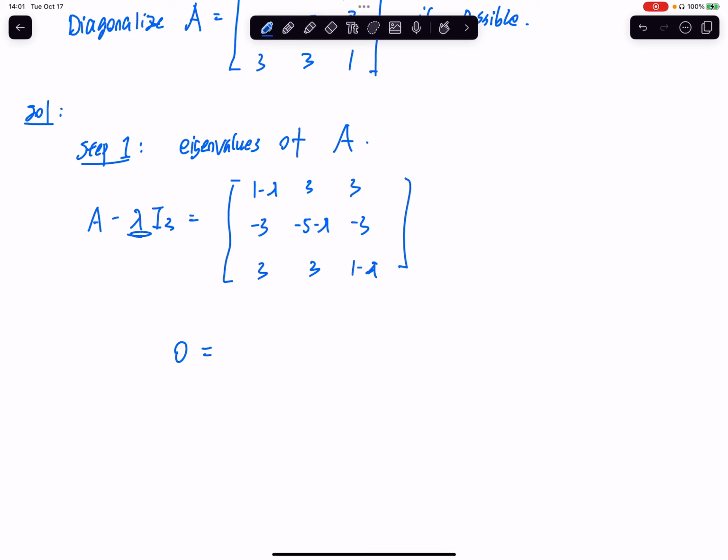It gives us the determinant, which is lambda cubed minus 3 lambda squared plus 4, so that is actually minus (lambda minus 1) times (lambda plus 2) squared.